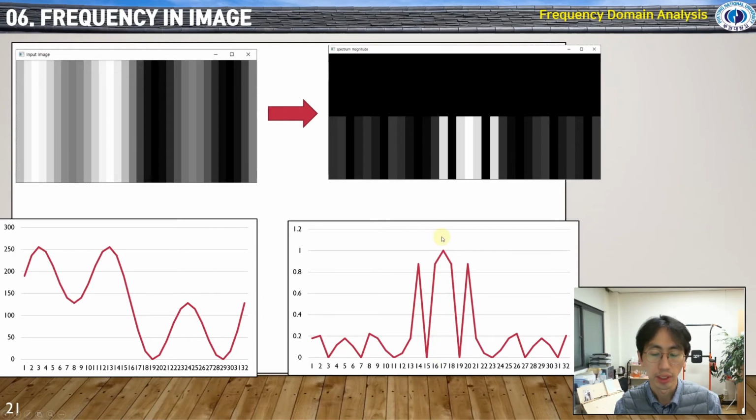So this is frequency 0 hertz, and 1, 2, 3, 4, 5, and the hertz increases. It is difficult to say 0 hertz or 1 hertz here, because this signal is not a signal according to time. This signal exists on the spatial axis. That's why the transformed image and the original image have the same width.